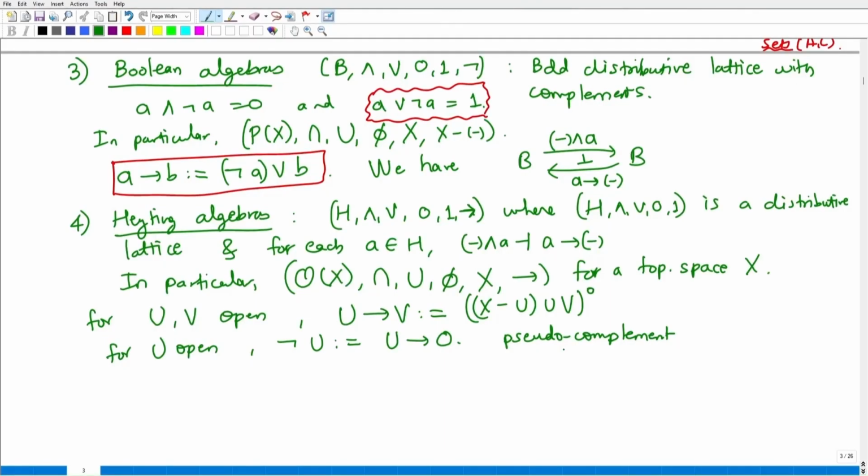Okay, so Heyting algebras are the structure of the subobject lattices. Yeah, they are equipped with these many properties.